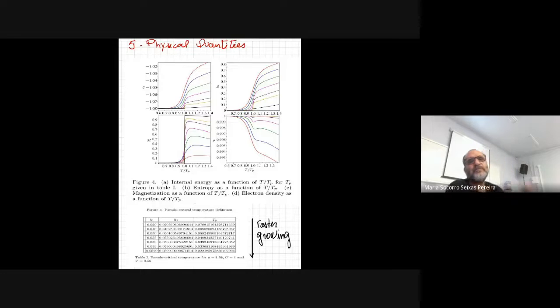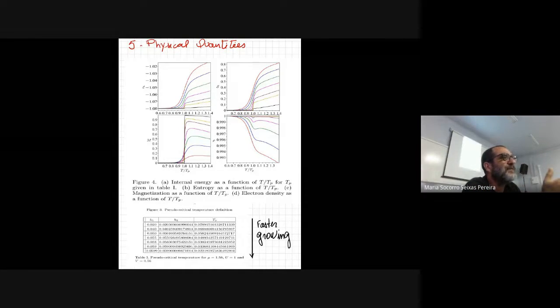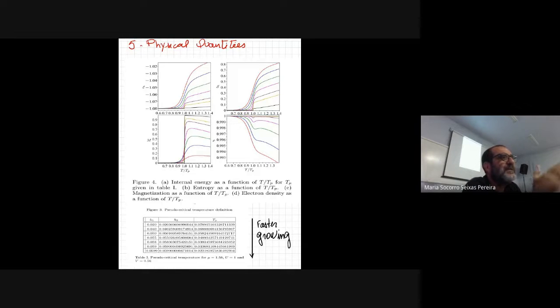Why? To put every curve at the same point, so we compare every curve at the same point. So you get the temperature and the pseudo-critical temperature and use this normalized temperature to study these quantities.